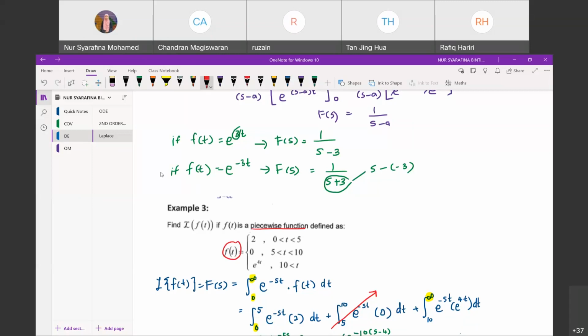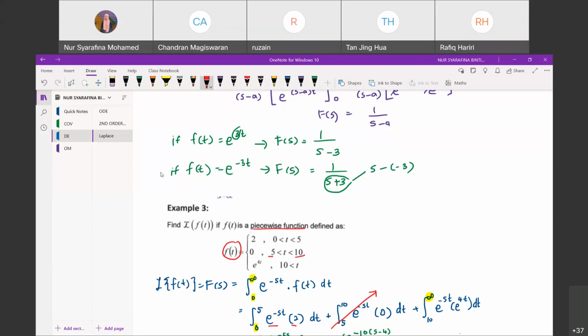And your f(t) has 3 types of function. So from 0 to 5, it involves only 2. So multiply e^(-st) with 2, but only from 0 to 5. Okay, and then from 5 to 10, e^(-st) times 0.